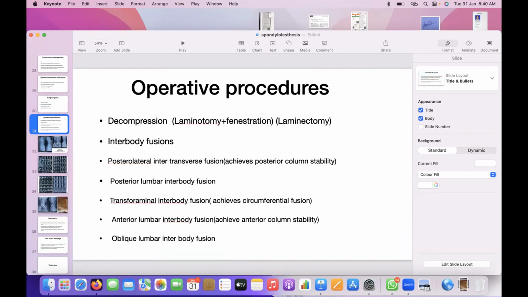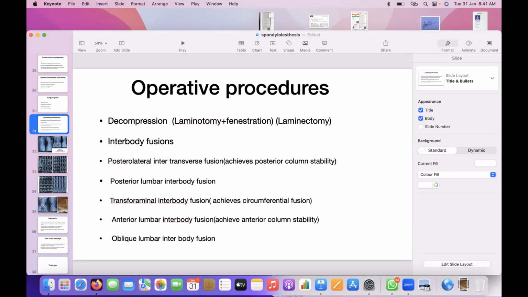In a dysplastic listhesis the transverse process may not be that developed, but if the transverse processes are well developed and a good fusion can be achieved in the intertransverse area, we need not take it as a posterior column stability alone.